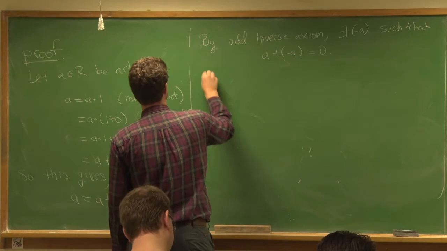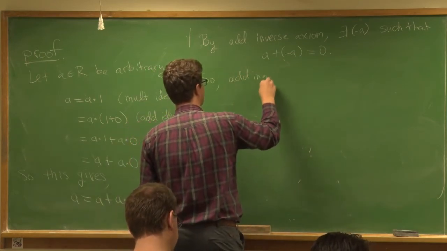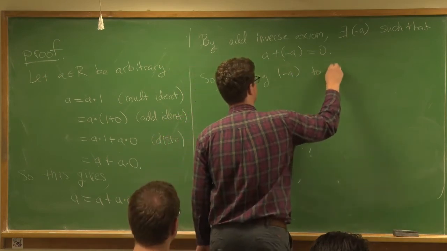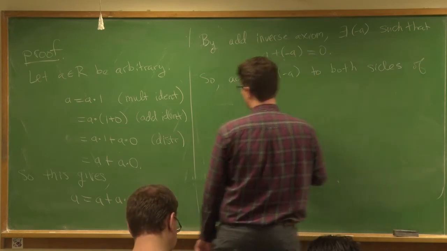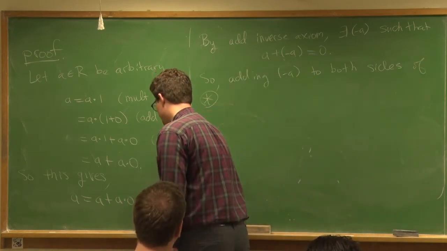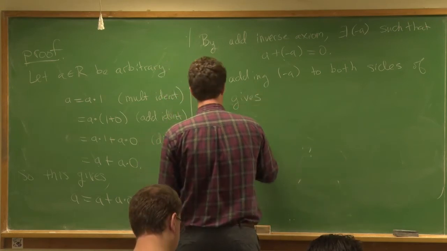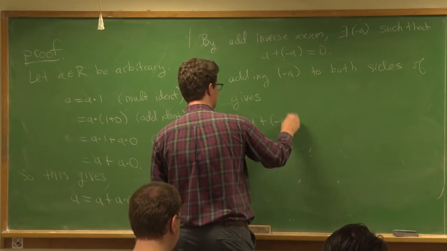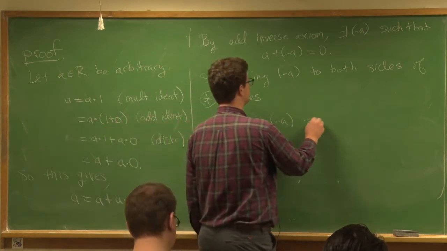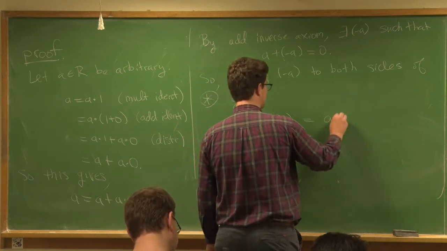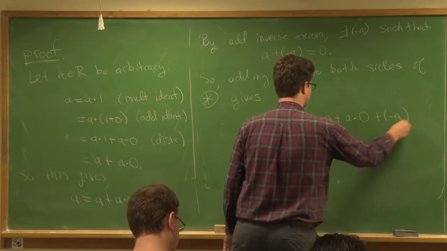So adding minus A to both sides of, let's call this equation star here, gives A plus A minus A, or you could just write this as minus A if you want. That's what we mean by minus A. This is equal to A plus A times 0 plus A minus A.